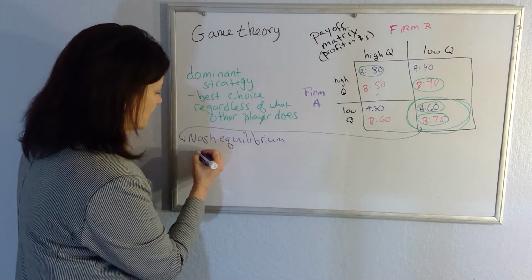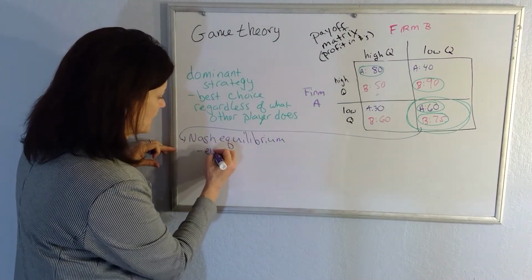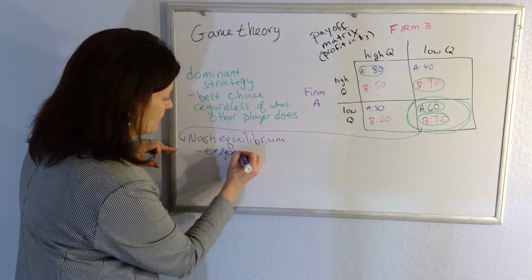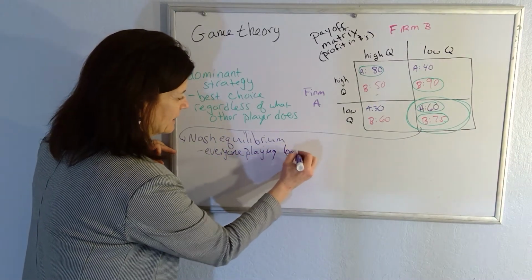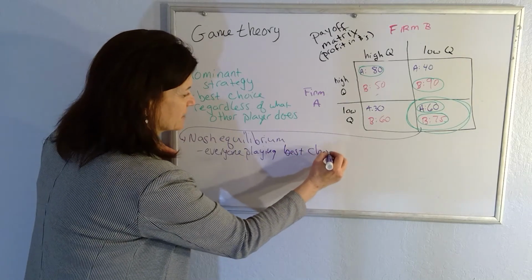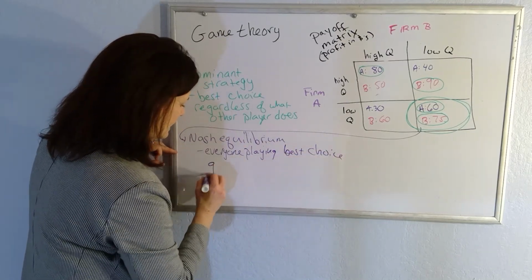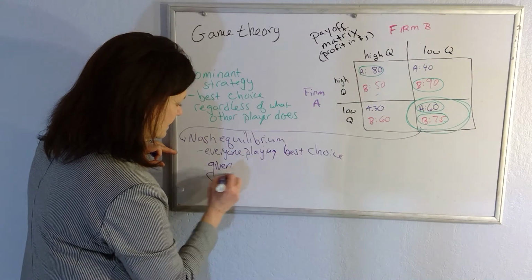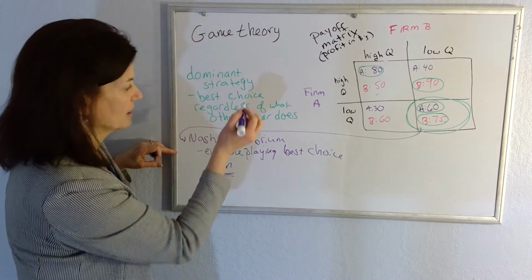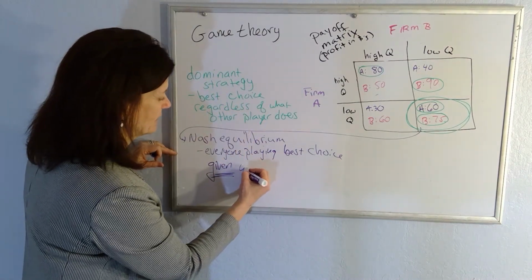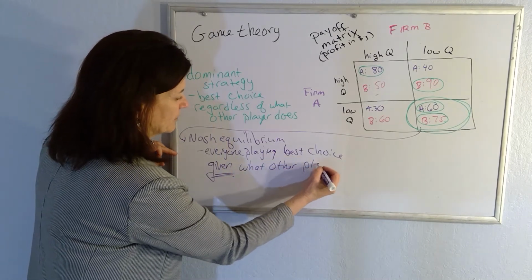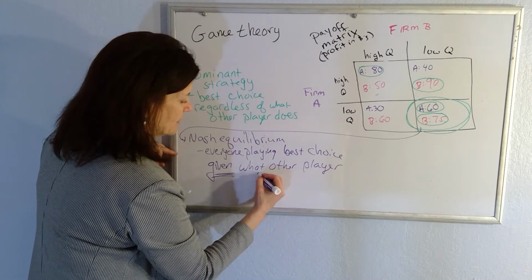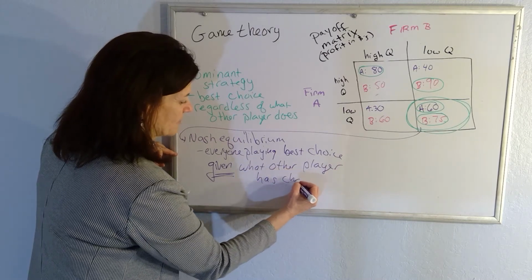So in Nash equilibrium, the stable situation is when everyone is playing their best choice, their best response, not regardless of what the other player did, but given what the other player has chosen.